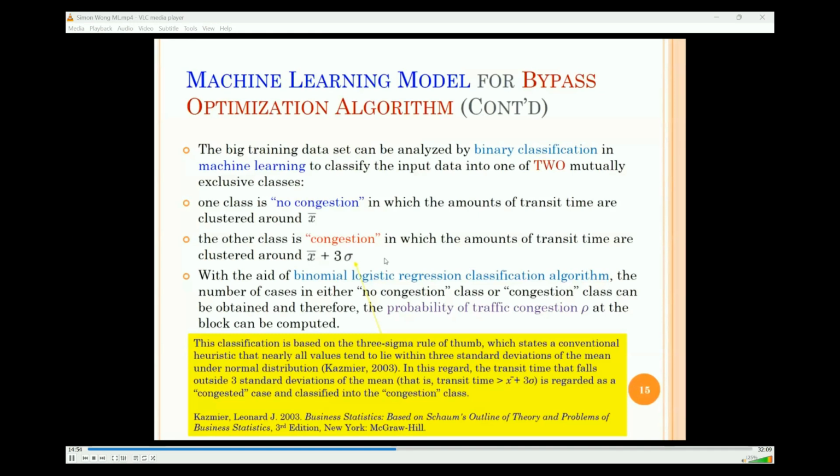So with the aid of a binomial logistic regression classification algorithm, the number of cases in either no congestion class or congestion class can be obtained, and therefore the probability of traffic congestion at the block can be computed.